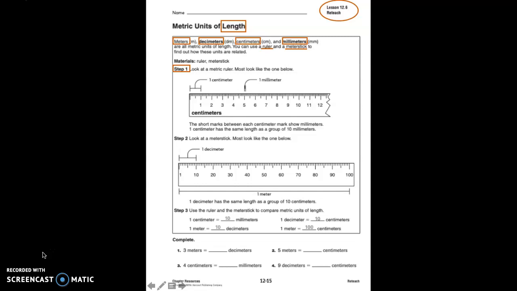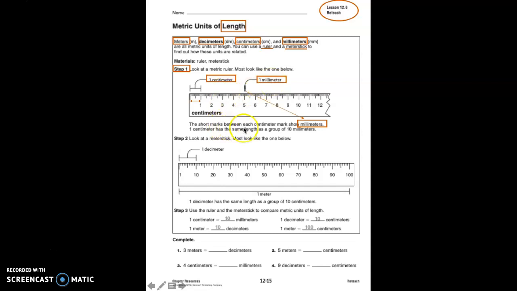Look at the meter ruler. Most look like the one below. 1 centimeter. As you see, from the edge of the ruler to 1 is 1 centimeter. In between, the little dashes between each centimeter are 1 millimeter.